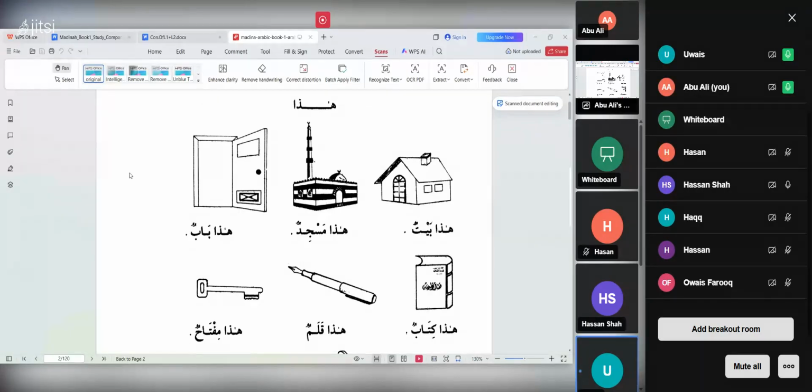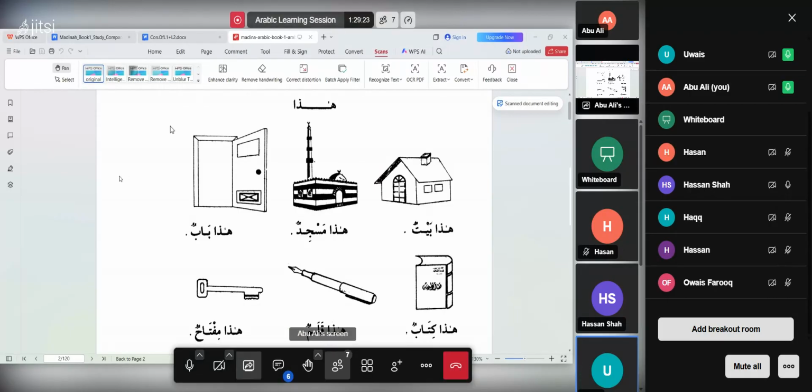Definite means that you specify something. It's like saying in English, this door. You specify the specific door. That means it's a definite door. An indefinite is something that is general.